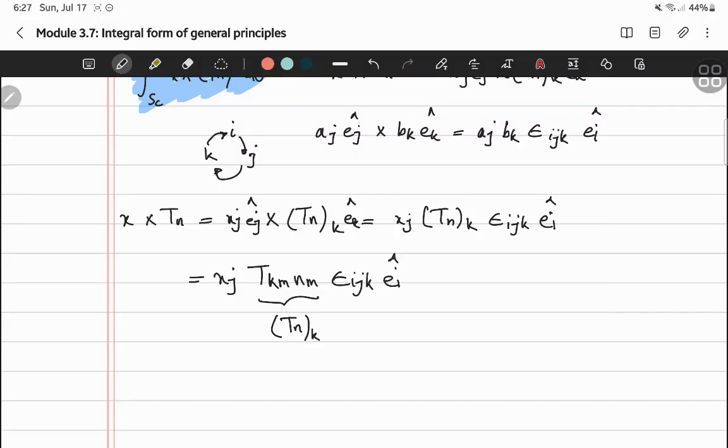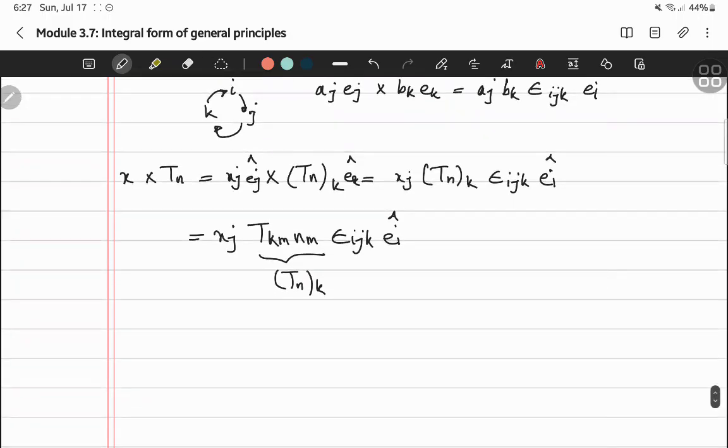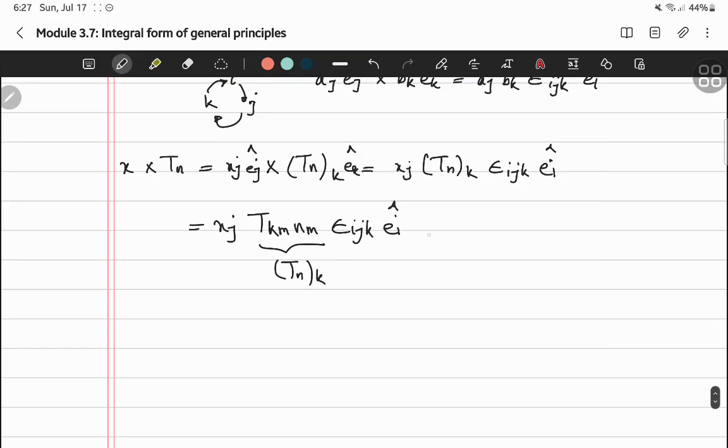It's like the matrix product, something analogous to that. So just keep this in here, t and k. Therefore we get something like this, and I can take out nm, so we have xj tkm epsilon ijk e_i nm.